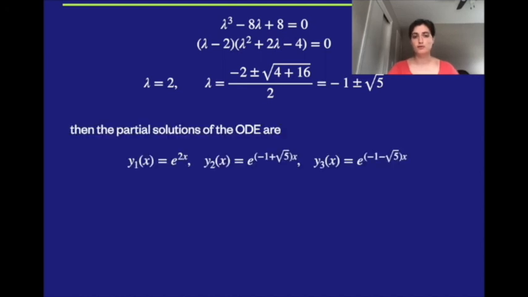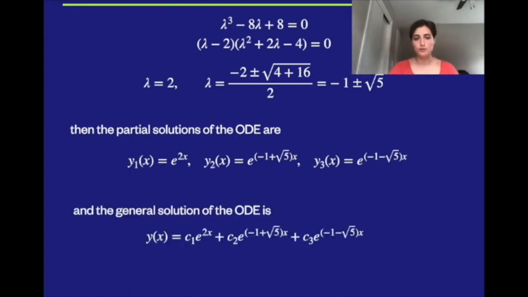Then the partial solutions of the ODE are exponential of 2x, exponential of (-1 plus square root of 5) times x, and exponential of (-1 minus square root of 5) times x. And we can just write the general solution of the ODE as the sum of the partial solutions, each multiplied by their own constant.